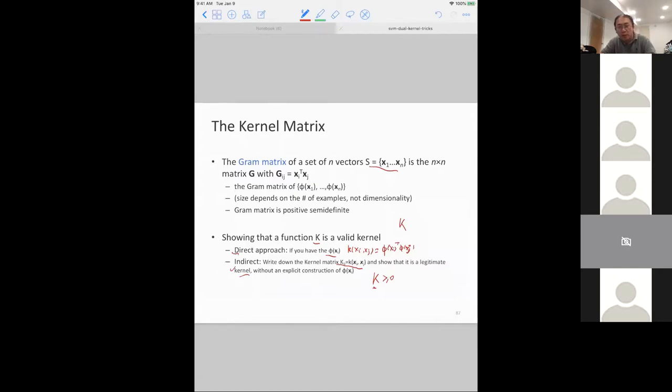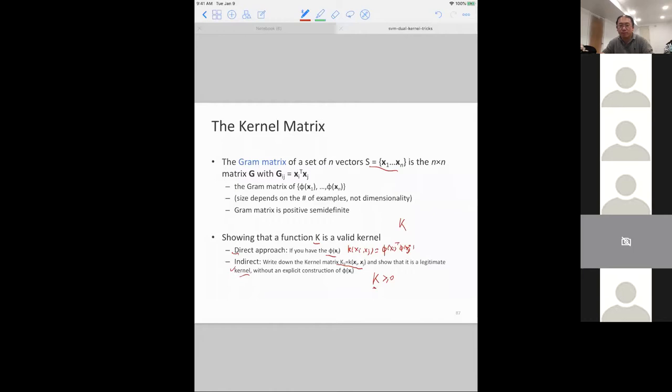If we want to show K is a kernel function. Okay, kernel function. Yeah, mathematically speaking, you're right. I think this term is kind of unusual. It is equivalent to say your function itself is positive semi-definite, but usually people don't know what it means for a function to be positive semi-definite. But they're essentially the same thing.